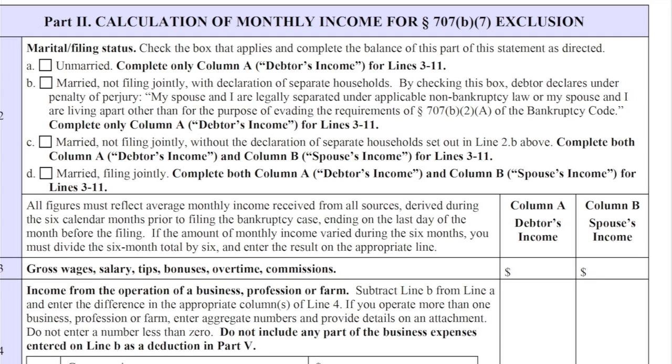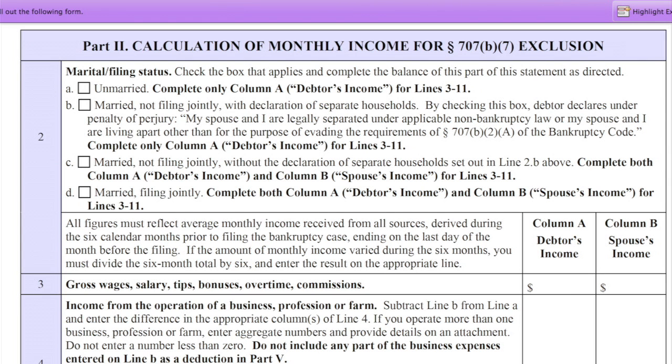And Part 2 carries over to the very top of the third page, and it's simply items that are taken directly from your client's paycheck. Now keep in mind that some paychecks are biweekly, some paychecks are semi-monthly.